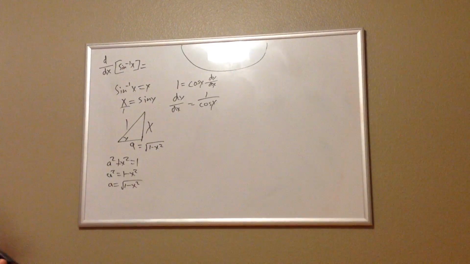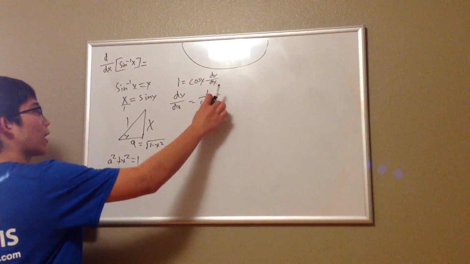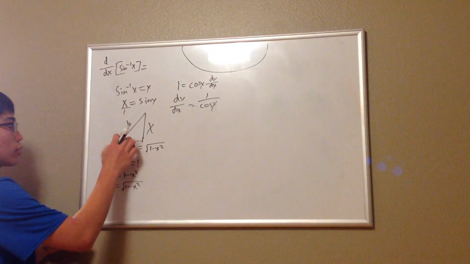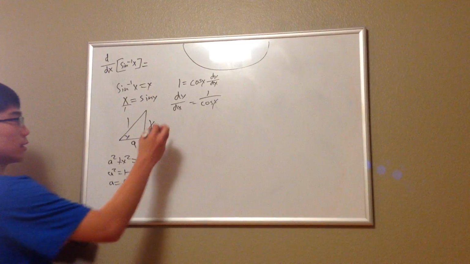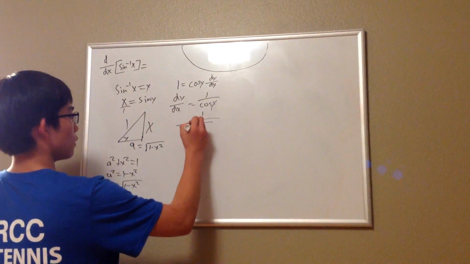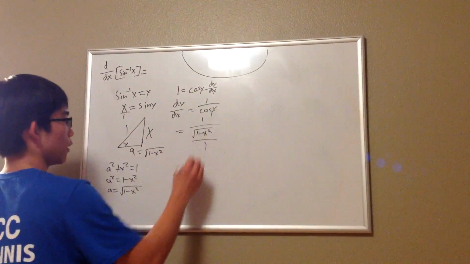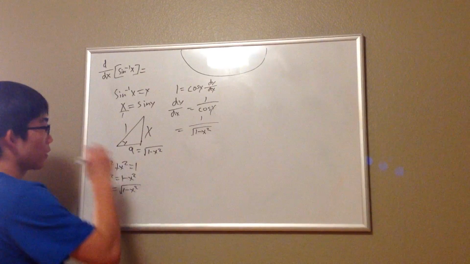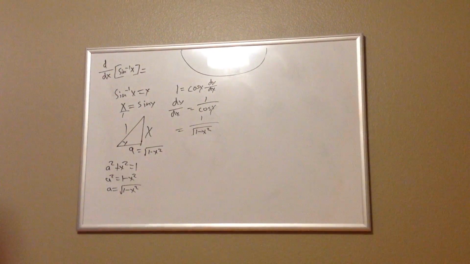Now, this is very good for us because now that we've constructed the triangle, we can find what cosine y is in relation to x. So cosine y is adjacent over hypotenuse, which is conveniently root 1 minus x squared over 1. So this actually cancels out, and you end up with dy over dx is equal to 1 over root 1 minus x squared.